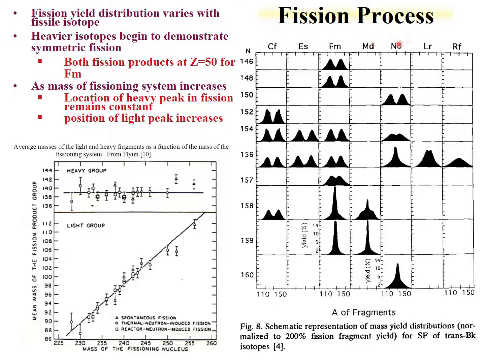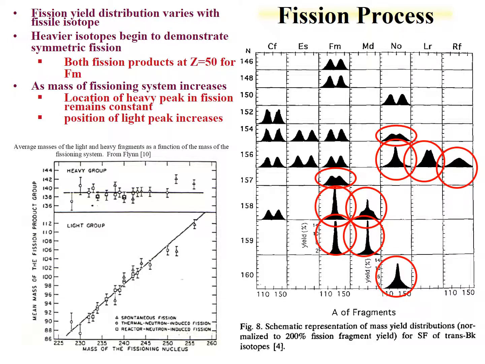These are the different isotopes. We can see that those in the circles here are all symmetric. So we can definitely understand that the fission distribution is actually a function of, we've already shown, the energy, but also the fissile isotope that's undergoing fission.